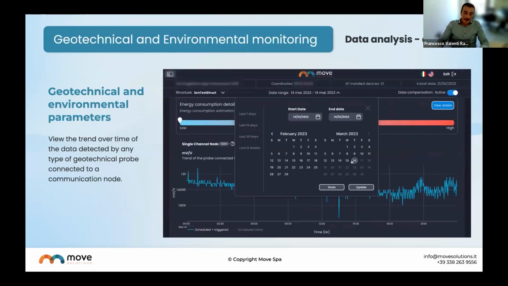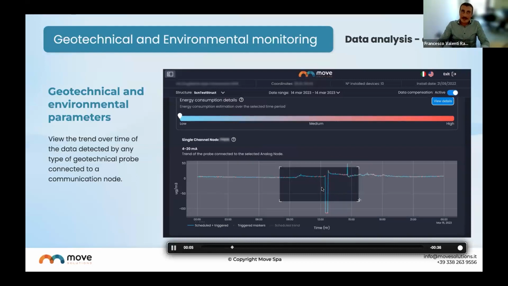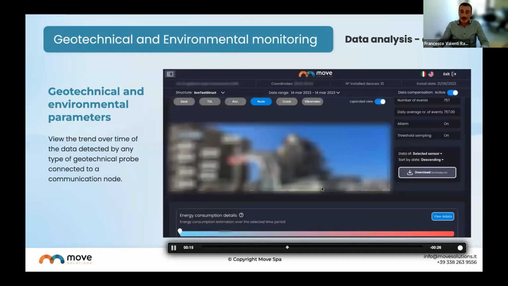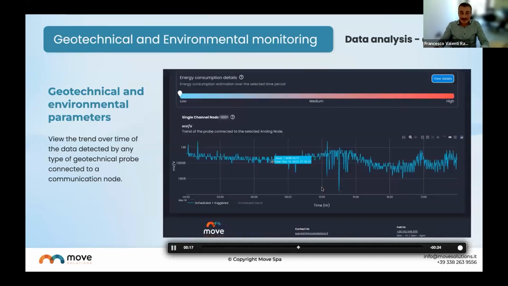You will get not only the scheduled acquisition data, the one on the graph in blue, but also, in red, the values that occurred after the trigger threshold was exceeded. So you will also see on the graph the difference between the scheduled acquisition data and the accelerometer trigger threshold data.